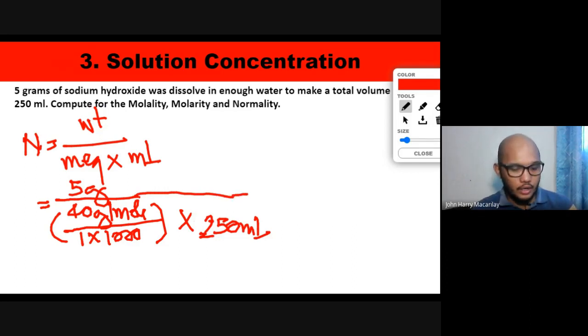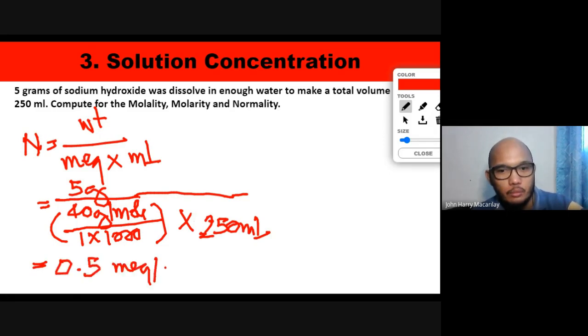So 5 divided by 0.04 times 250, it would be 0.5 MEQ per mL, or N, or normal.